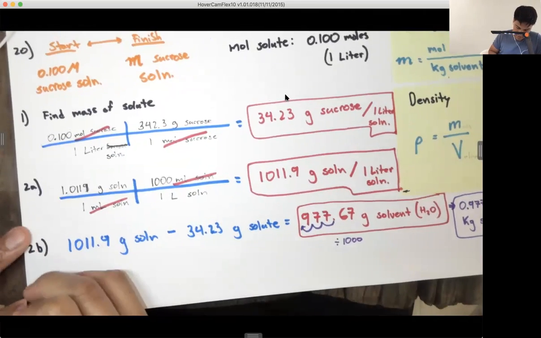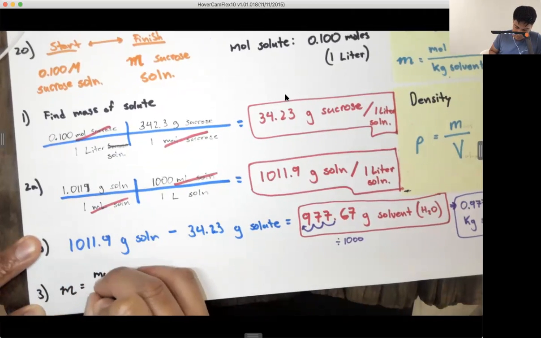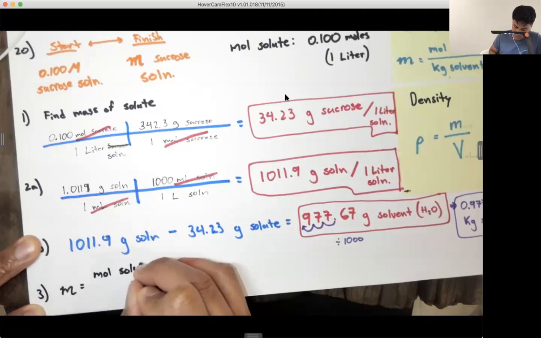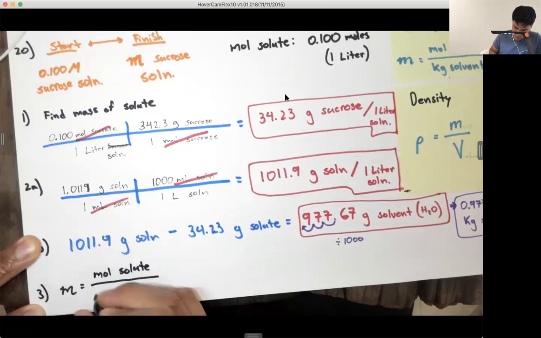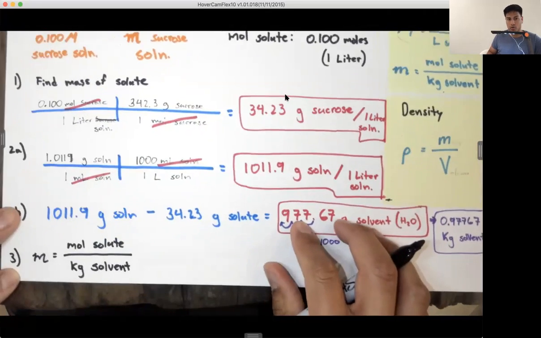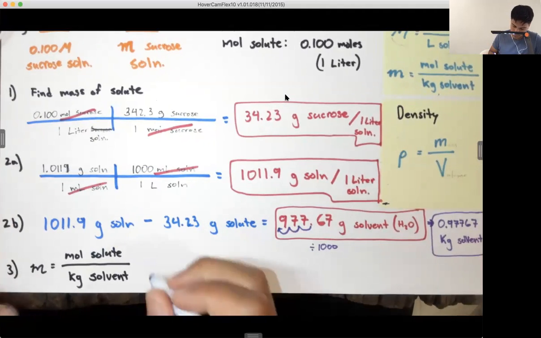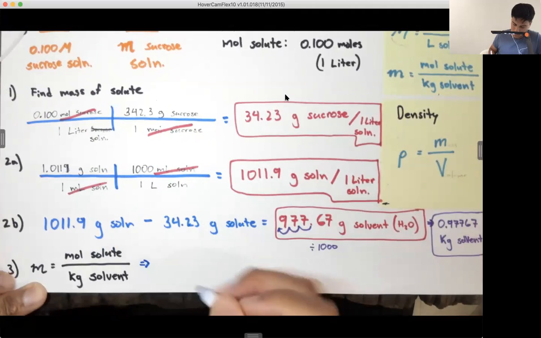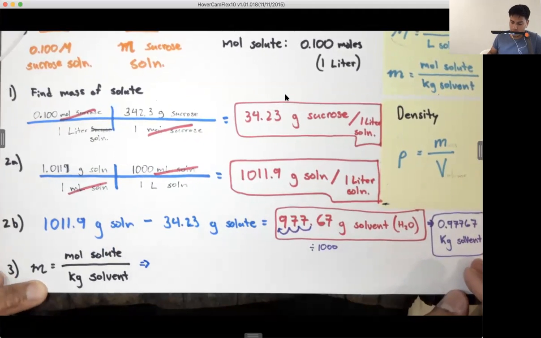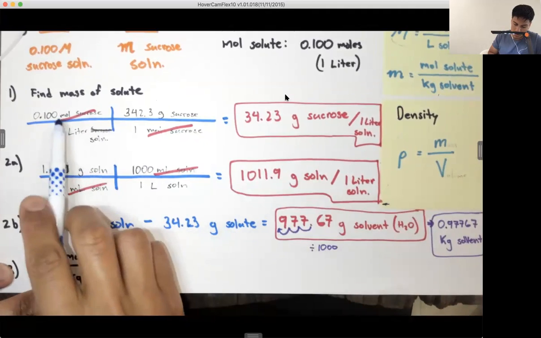Step 3 is to find the molality by using m equals moles of solute over kilogram of solvent. What are my moles of solute in this solution?